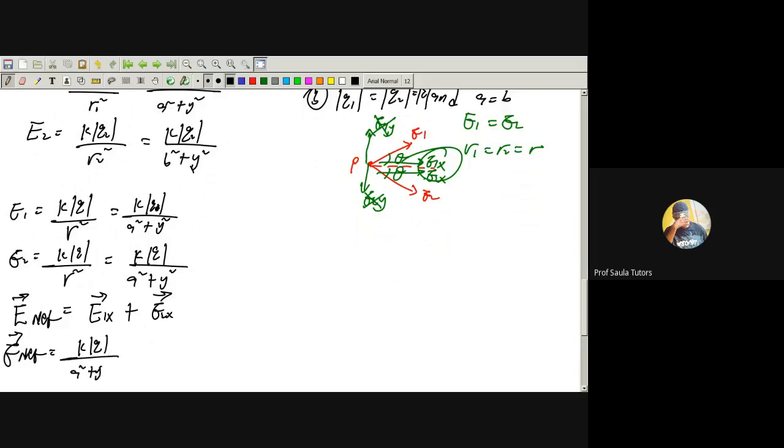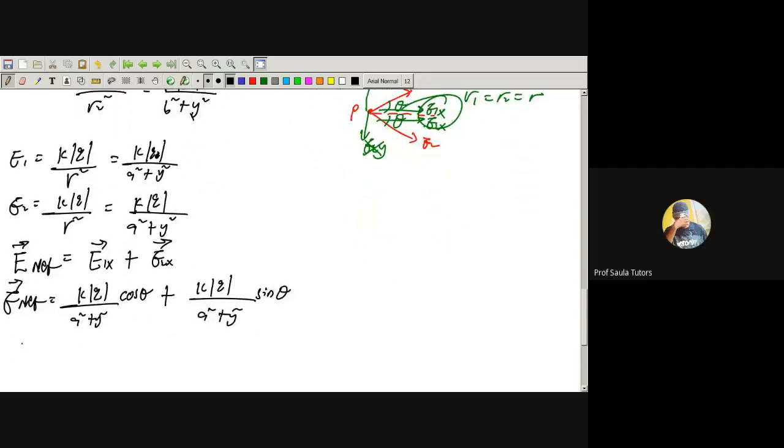Then remember cos theta, right? Resolving this, cos theta, plus kq over a square plus y square, sine theta. Exactly.